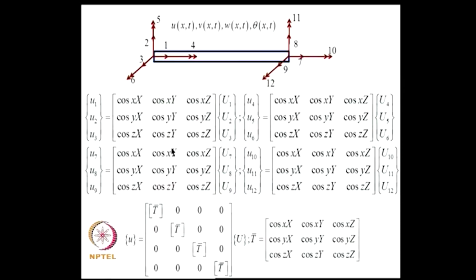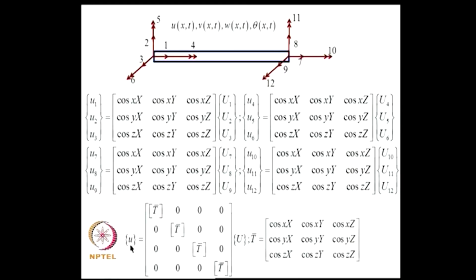On the right end, 7, 8, 9 is related to the global 7, 8, 9 through this relation. Similarly, 10, 11, 12 is related to the global 10, 11, 12 through this relation. So, this transformation matrix remains common for all these individual transformations.